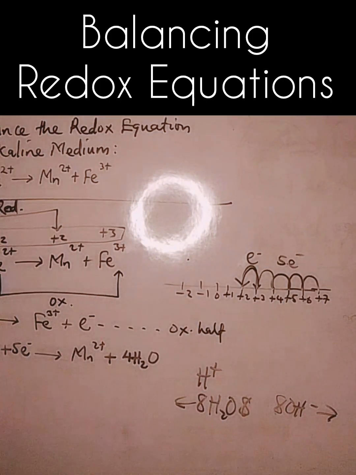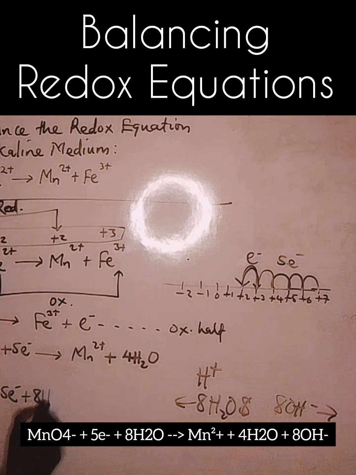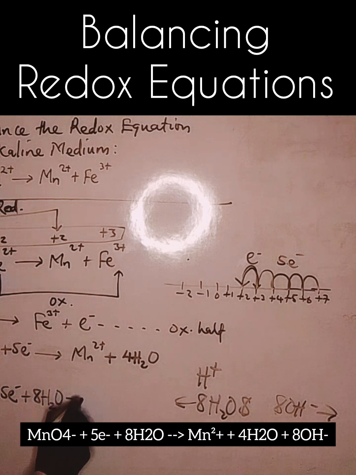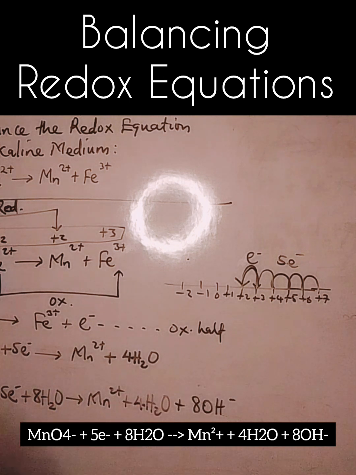So let's go. MnO4- plus 5 electrons plus 8 water molecules to afford Mn2+ plus 4. If you check this, it is balanced. Manganese 1 here. Oxygen 4.